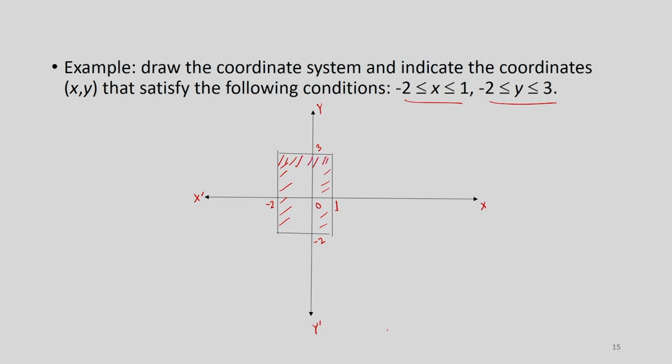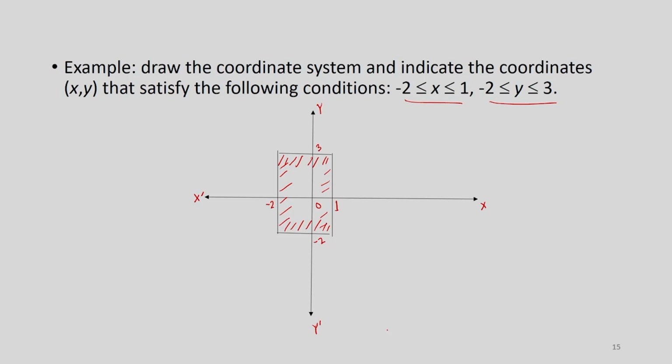Okay. And from below y has to be more than or equal to -2. So, you are talking about this. So, at the end of the day what you are getting by these two conditions is a rectangular kind of shape. Okay. So, we have indicated the coordinates x y that satisfy the following conditions.